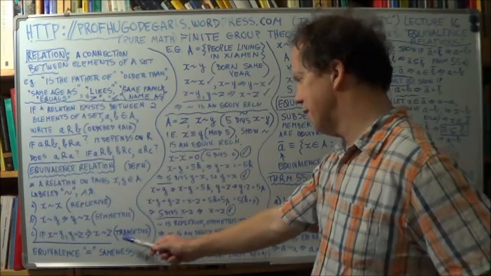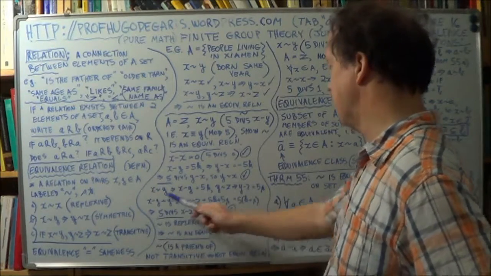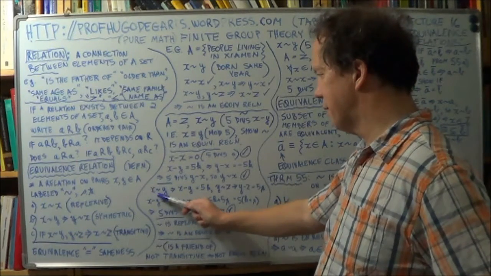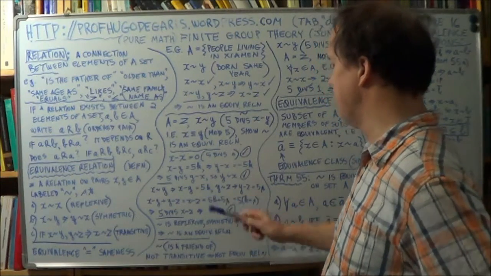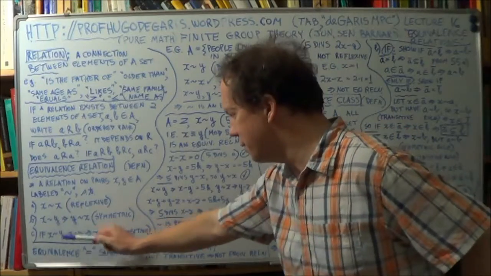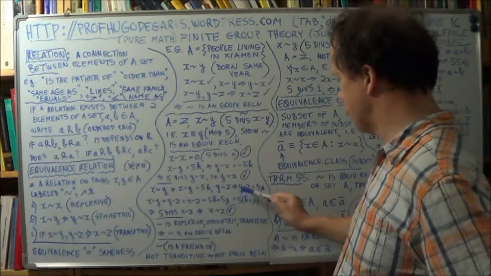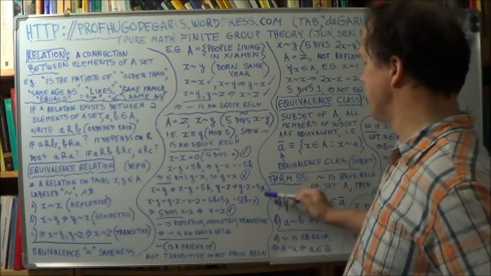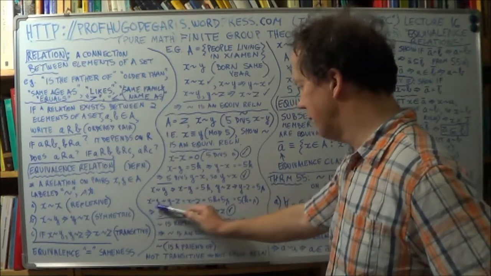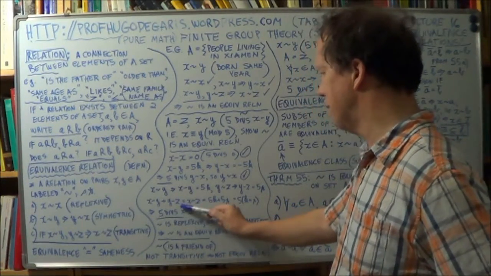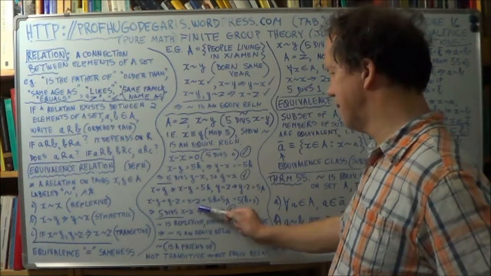Now, how about transitive? Does it go across? If x tilde y, that implies that x minus y is of this form, let's say 5k, and you're given y tilde z, so that implies that y minus z is 5 times some integer, let's call it p. So y minus z is 5p. Now if you add x minus y and y minus z, the y's cancel and you get x minus z.